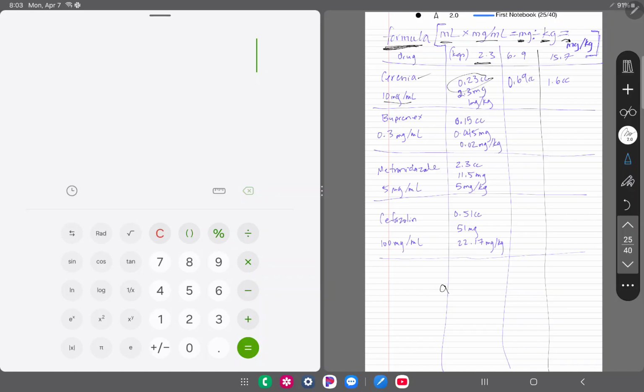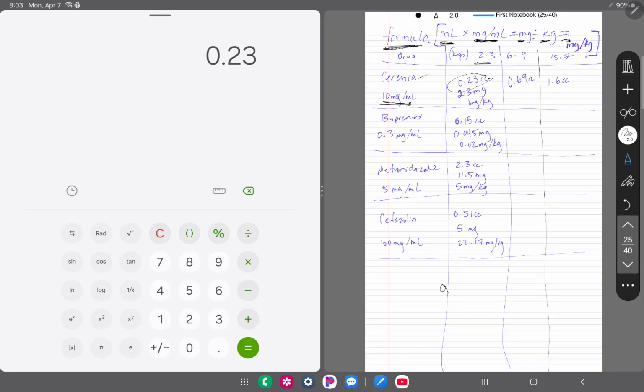Normally we'd start off with how many mg per kg I need to give this animal, and now we're starting with the mils we gave the animal. All right, so let's try this out. I'm starting with 0.23 mils, and I'm going to take it times mg per mil.